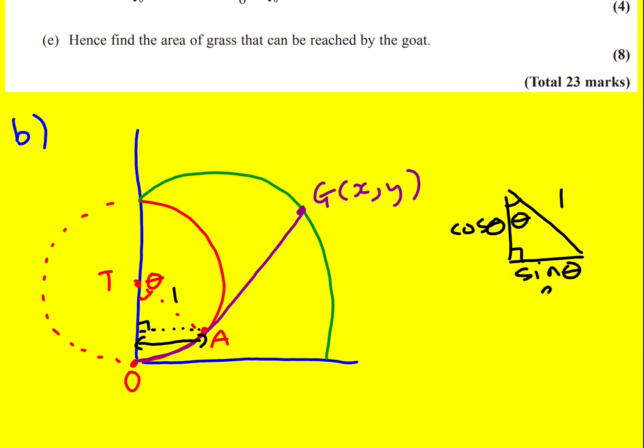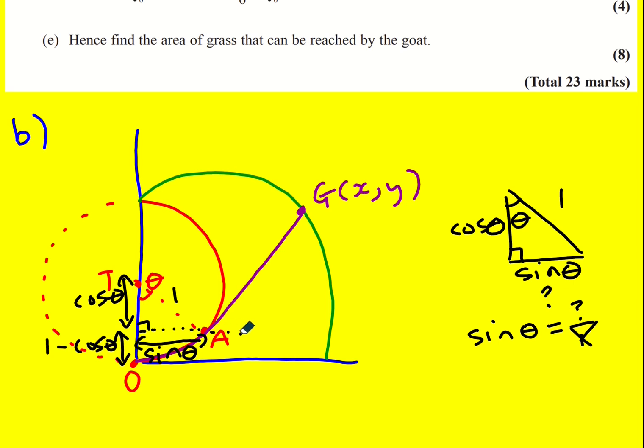You could also label it question mark, and you could say that sine theta is going to be question mark over 1, and then you'd see that question mark is simply sine theta. So that is how far we're moving in the x direction to get from O to A. And I said that this distance is going to be cos theta. Therefore, remember from T to O was a distance of 1. So that means this distance from O up to A in the y direction is going to be 1 minus cos theta. Brilliant.